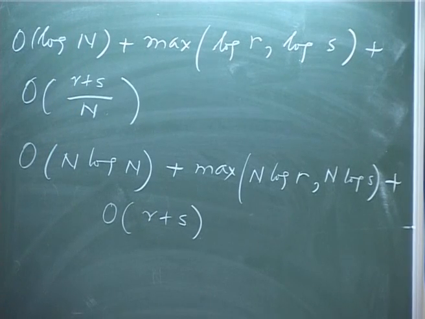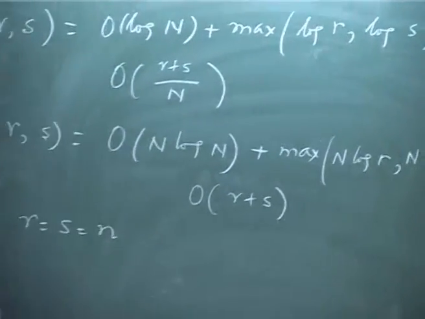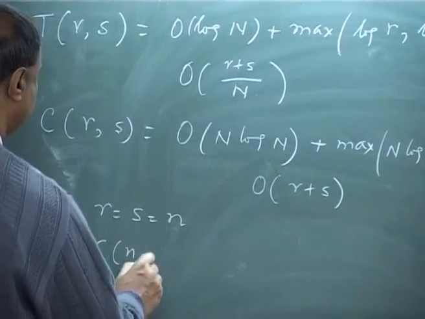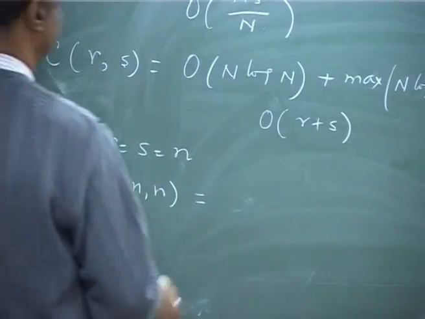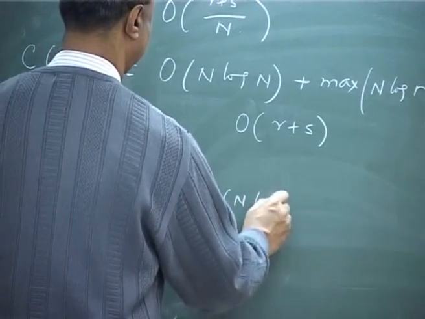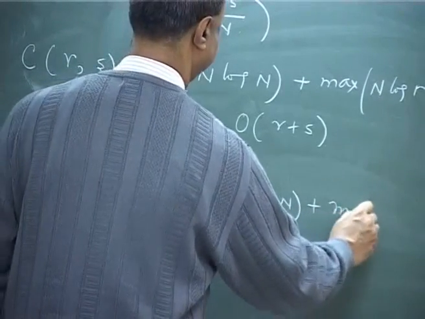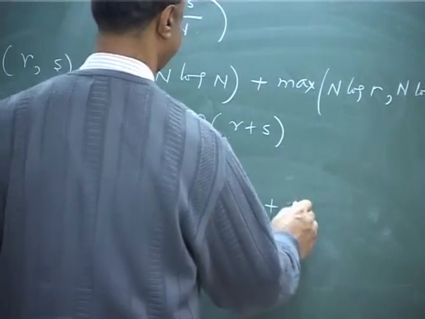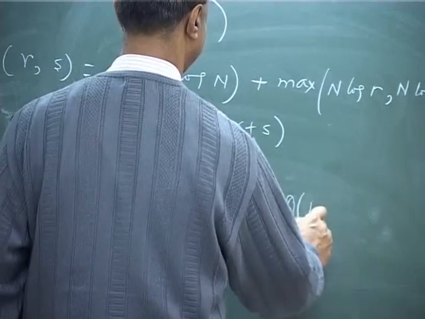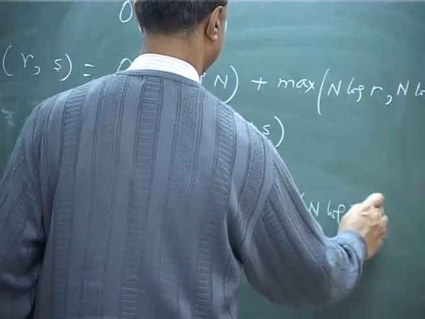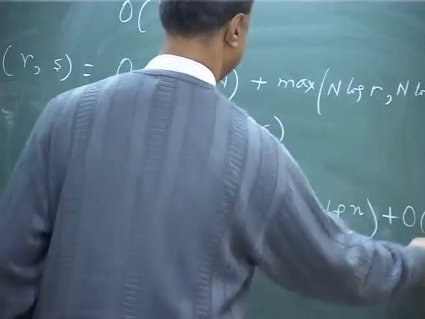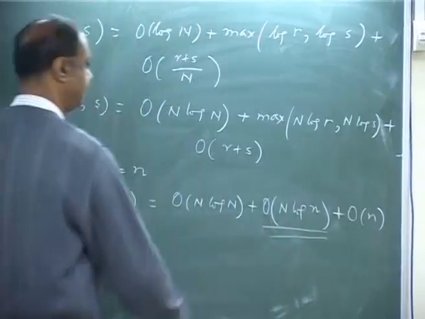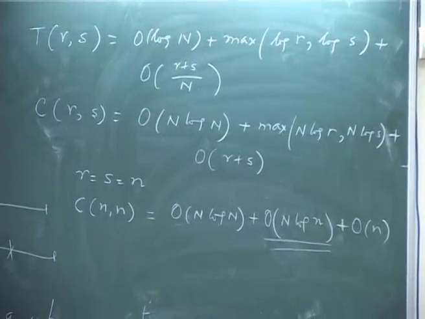Now, if R equals S equals N, this cost becomes... So it is cost optimal if this is order n, right?